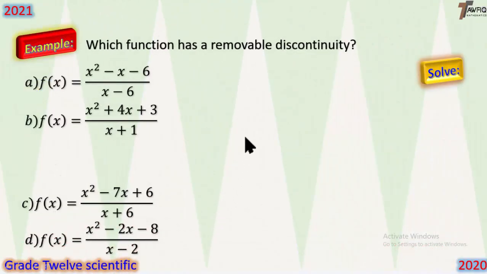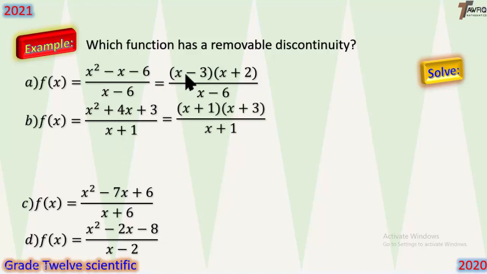Another kind of question which is important comes from exams. Which function has a removable discontinuity? To know which one is removable, we must factorize all the numerators. Here, (x minus 3)(x plus 2) over (x minus 6).